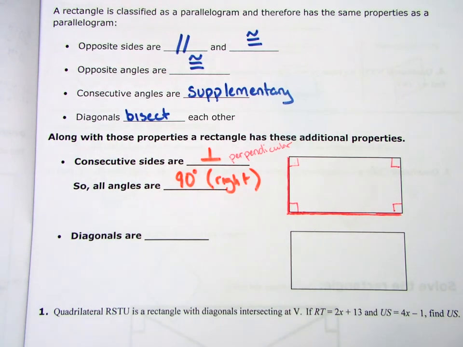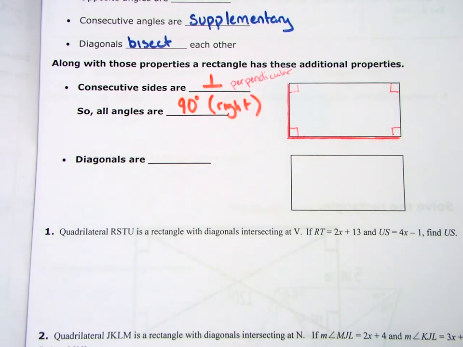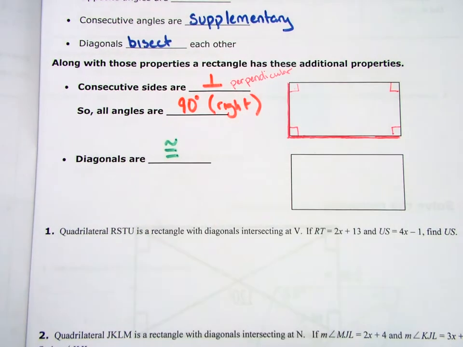Okay? The second property we need to know is one that we probably haven't learned before, but it is that diagonals are congruent. So remember we said that's not necessarily true for parallelograms, but in a rectangle that will be true.